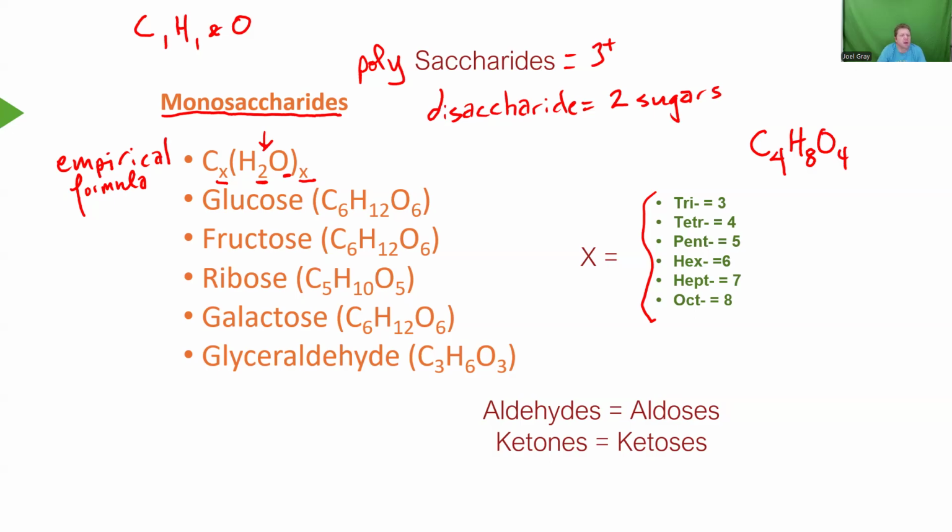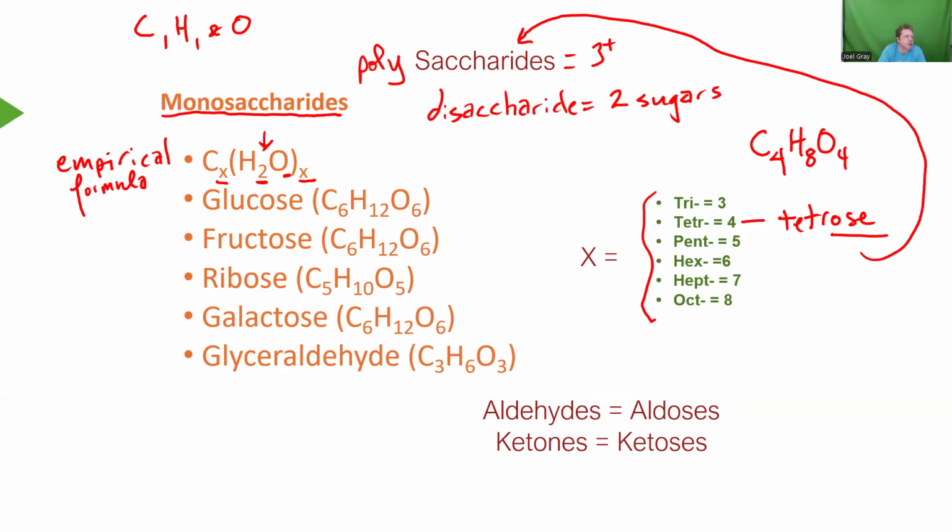So that would be a four carbon molecule. And this is where we're introducing some more terminology. This would be a tetrose. That suffix OSE is indicating that you're talking about a sugar. And let me go ahead and erase poly here because I don't want any confusion. So whenever you see a suffix of OSE, I want you to think, okay, that's talking about a sugar.